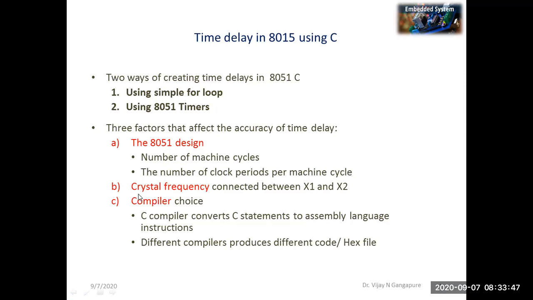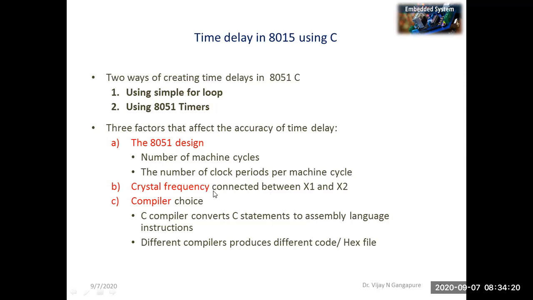The second factor is the crystal frequency, that is, the crystal connected between pins X1 and X2. The frequency of the crystal affects the accuracy of time delay, because that crystal frequency, FOSC, determines the clock period of the machine cycle.